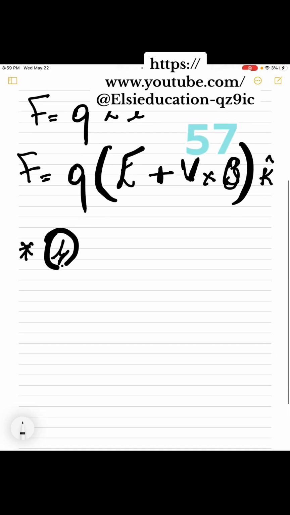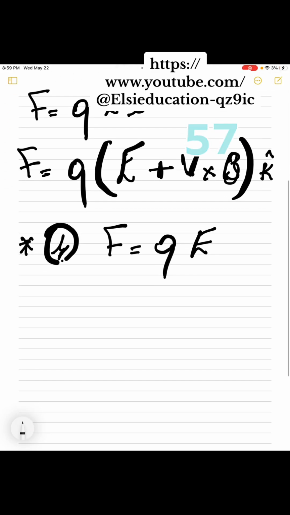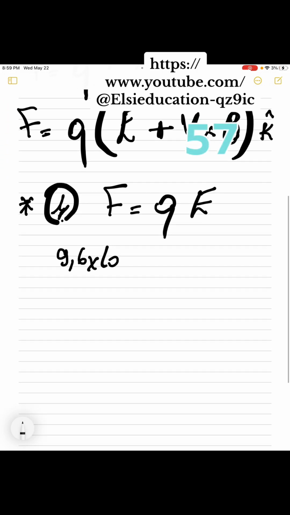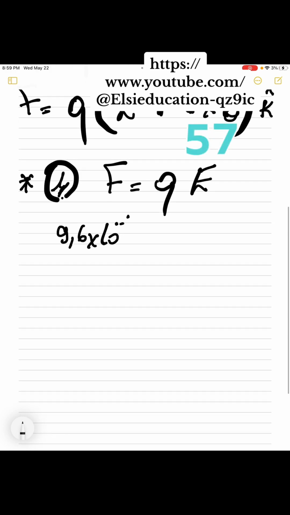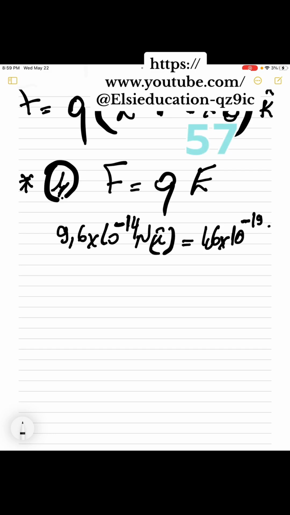So first step, the force is equal to the charge multiplied by the electric field. So what is it in the E direction? That's 9.6 multiplied by 10 to the minus 14 Newtons in the E direction, equal to 1.6 multiplied by 10 to the minus 19, which is the charge of an electron, times the electric field.